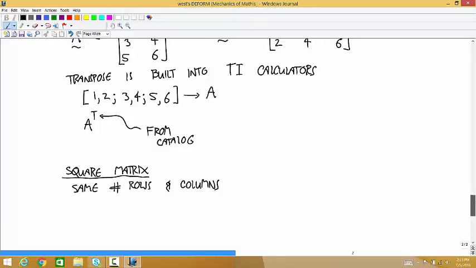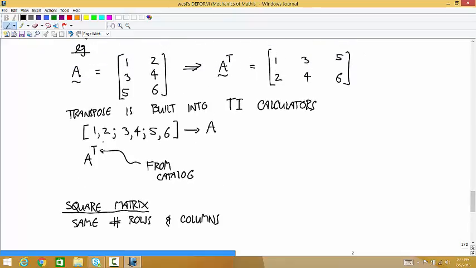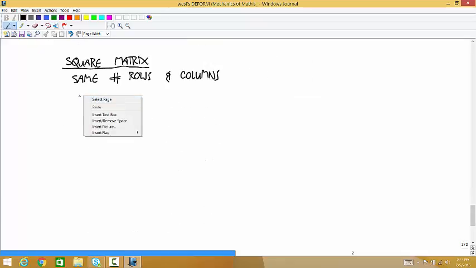So this is not a square matrix. But this is, let's say, 1, 3, 1, 2, 2, 4, 1, 0, negative 6.